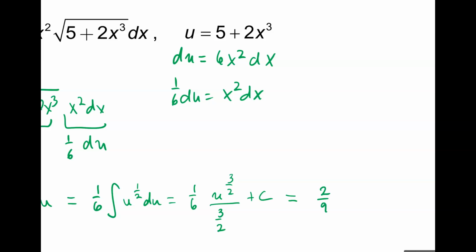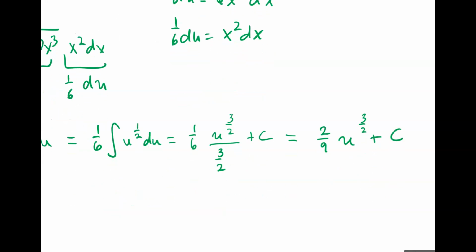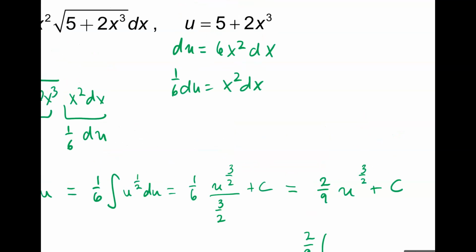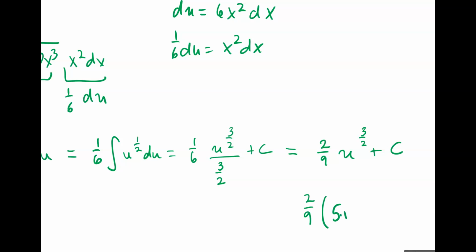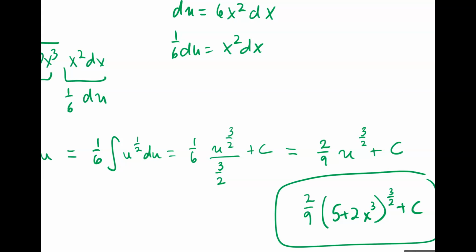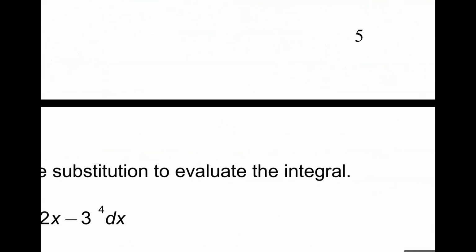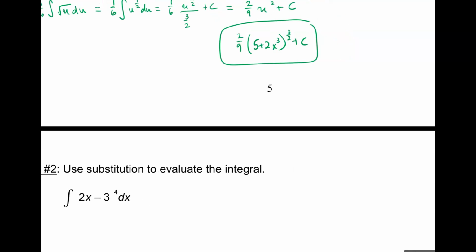So it's 2/9 u to the 3/2 plus c. Plug back in our u, which was 5 plus 2x cubed, so (5 plus 2x cubed) to the 3/2 plus c, and we're good. That's it. Perfect.